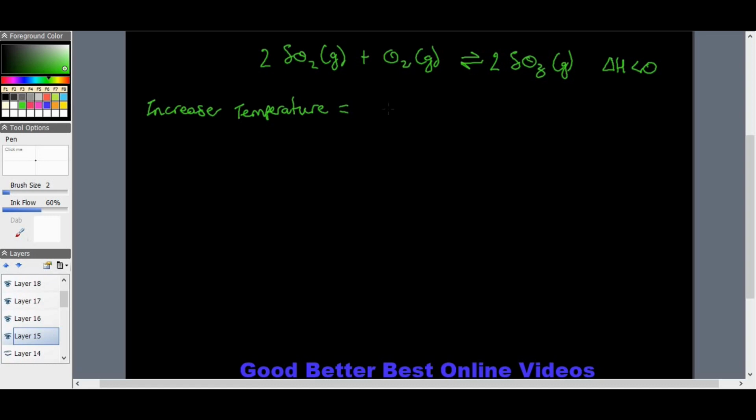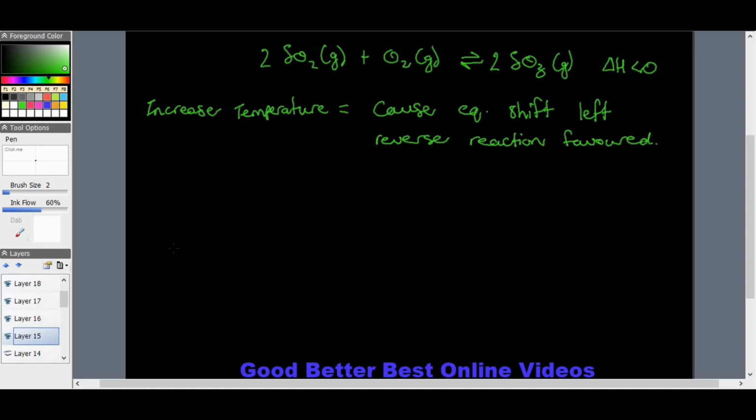An increase in temperature would basically cause equilibrium to shift to the left. Meaning the reverse reaction is favored. This only exists under Le Chatelier's principle. So the reverse reaction is endothermic for this reaction.